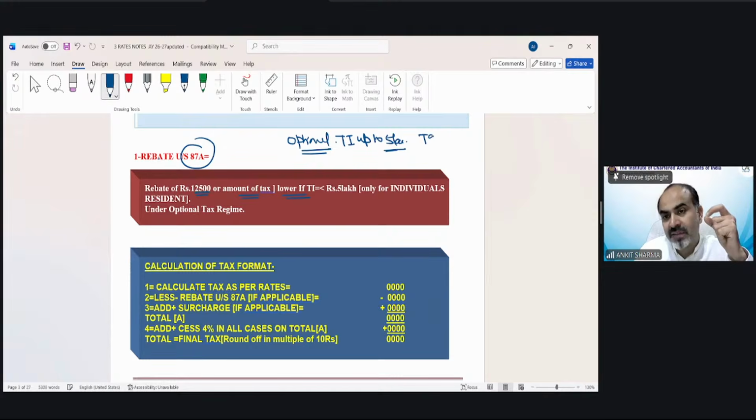Whatever would be your tax, that tax amount or 12,500 rupees, whichever is lower, you can claim as a rebate out of it. This is only applicable for individuals who are resident under the optional tax regime. HUF, AOP, BOI, AJP cannot take the benefit of this rebate. Even a non-resident individual cannot take the benefit of this rebate.